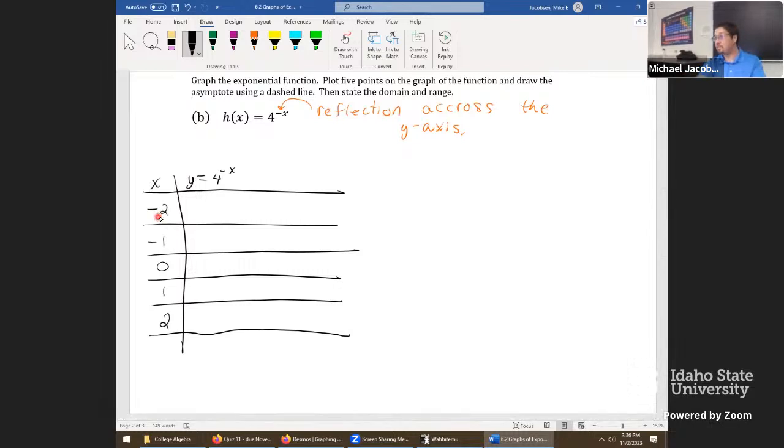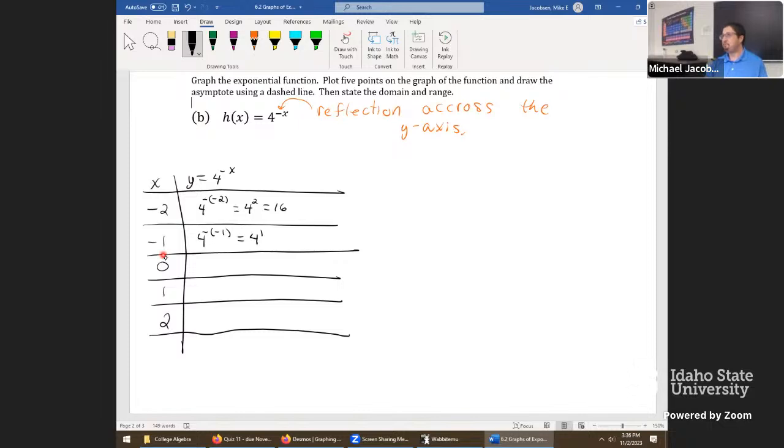So first put in -2. We'll have 4 to the power of -(-2). Already that's pretty tricky, right? We have double negation. This is turning into 4 squared, giving us a value of 16. Next, throw in -1. It's 4 to the power of -(-1), which means that's 4 to the power of 1.